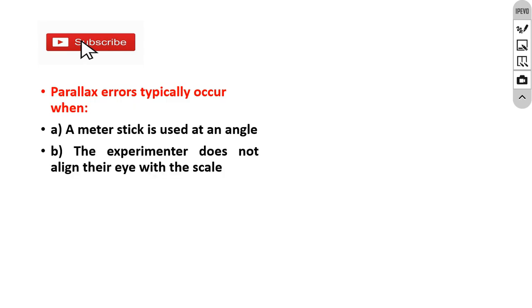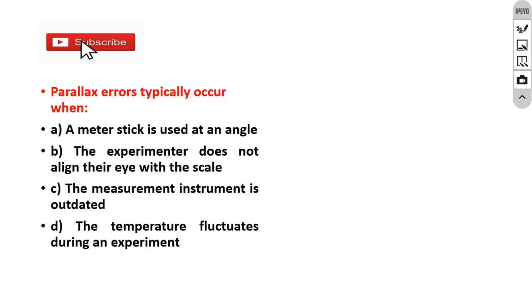Parallax errors typically occur when: A. A meter stick is used at an angle, B. The experimenter does not align their eye with the scale, C. The measurement instrument is outdated, D. The temperature fluctuates during an experiment.